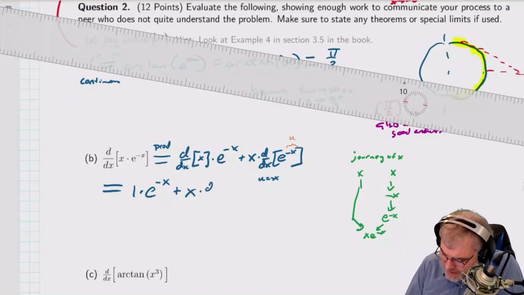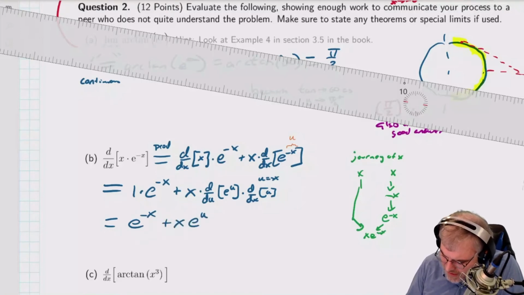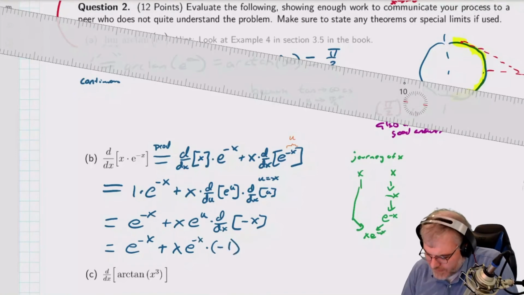So this is going to be the chain: d over du of e to the u, times d over dx of u. This is going to be e to the negative x plus x, e to the u, times the derivative with respect to x of negative x. And then I'm just going to put in my baggage. Sub my stuff back in, e to the negative x times negative 1. And then I'm just going to leave it like that because no one's saying factor.